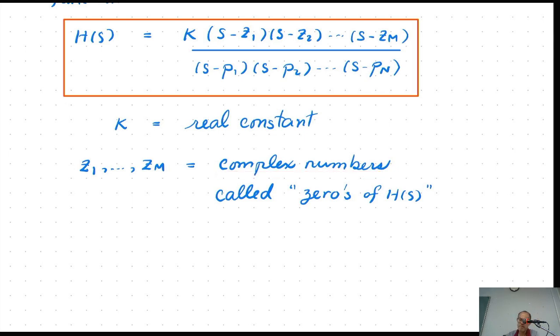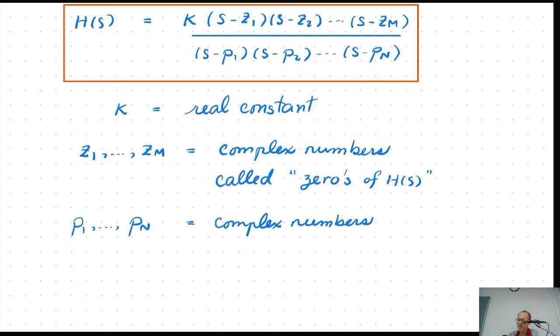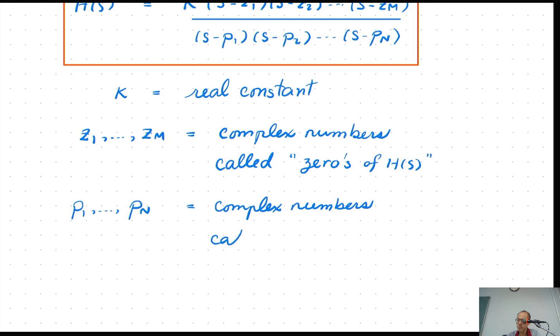And p1 through pn are also complex numbers, and they're called the poles of H of s.